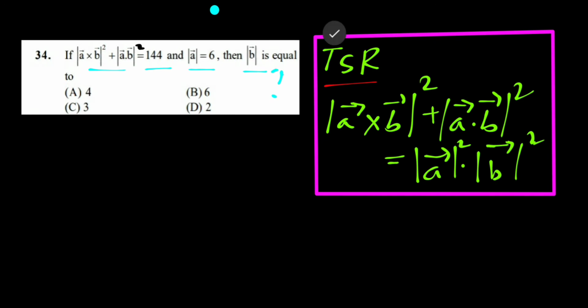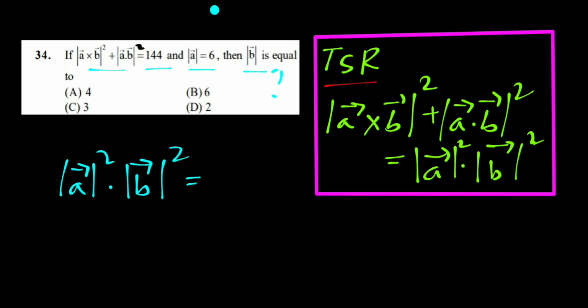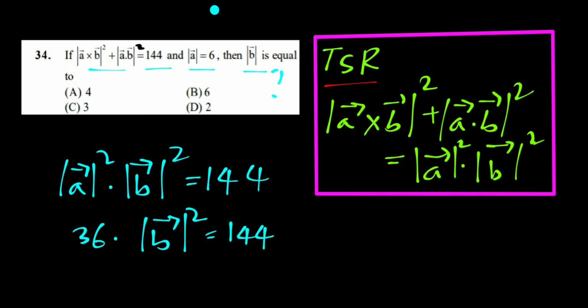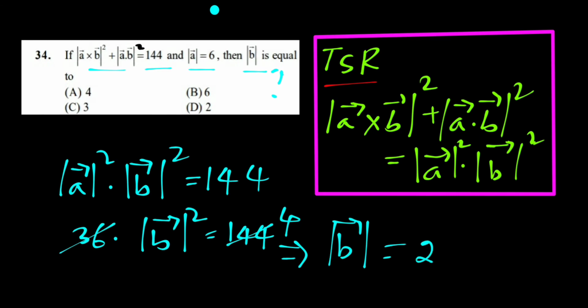For that purpose, there is a time-saving result I'll use here. |a bar × b bar|² + |a bar · b bar|² = |a bar|²|b bar|². The value is already given as 144, and the magnitude of a bar is 6. 6² is 36, so 36 × |b bar|² = 144. 36 fours are 144, so the magnitude of b bar is equal to 2. So option D is the correct answer.